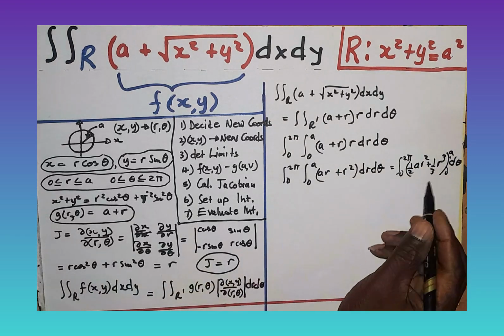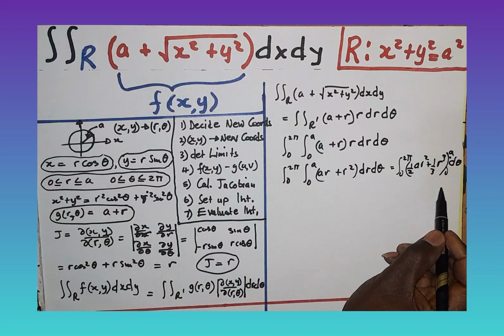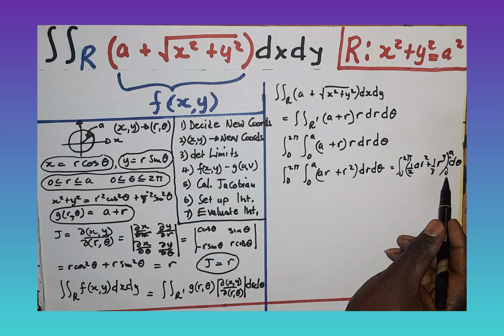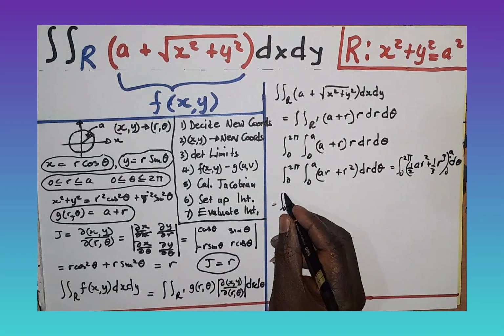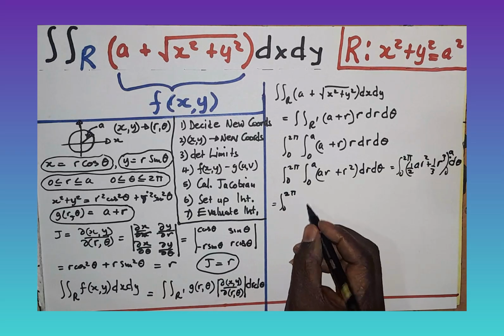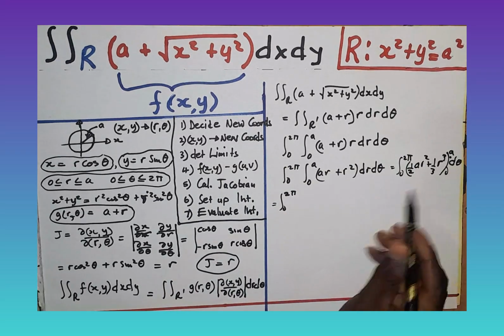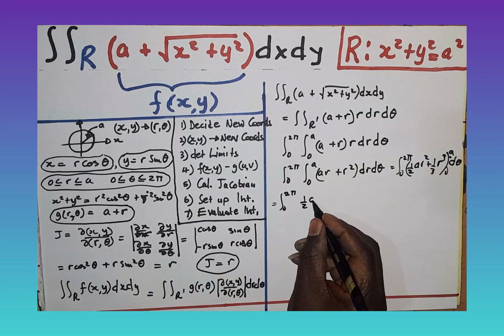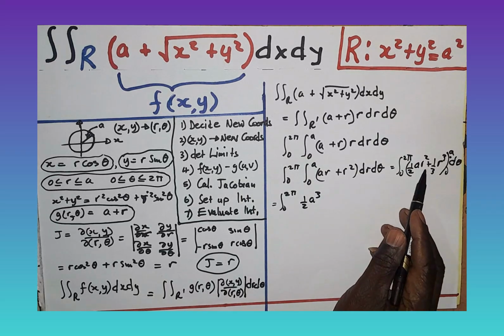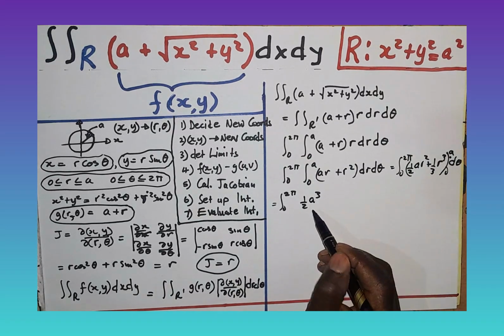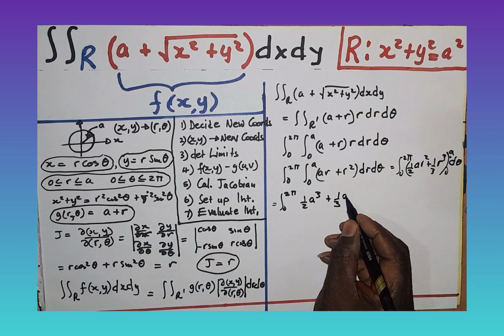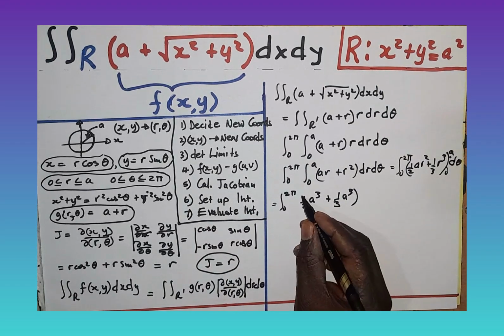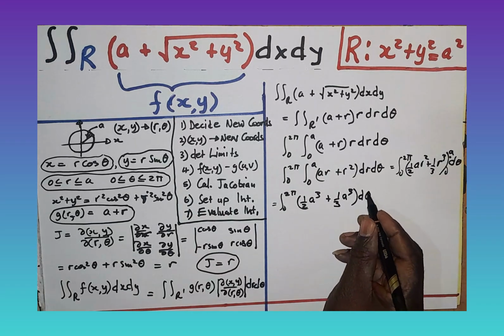So here we are now. We have integrated with respect to r, and we need to evaluate from 0 up to a. That becomes the integral from 0 up to 2 pi of one half a cubed, because our r squared becomes an a times an a, that becomes a cubed, plus 1 over 3 a cubed, with respect to d theta.